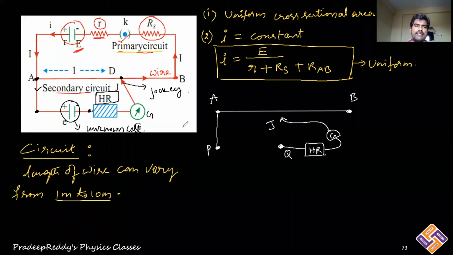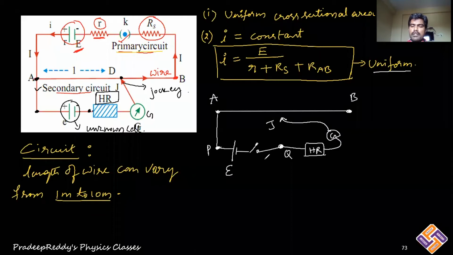So what I do, first I will switch on this primary circuit and I will measure how much current is flowing in the primary circuit, making sure that uniform current is flowing in the primary circuit. Then I will connect the jockey to the wire AB. Okay, so in the slot PQ, I will take this battery of EMF E. You do not know what its value is, and you will be connecting it along with the tap key.